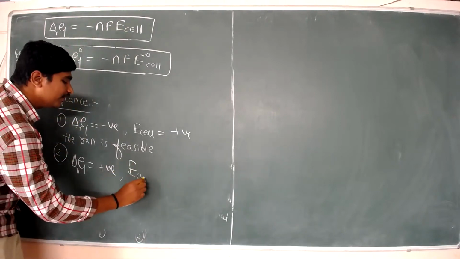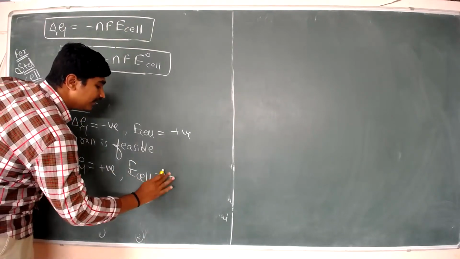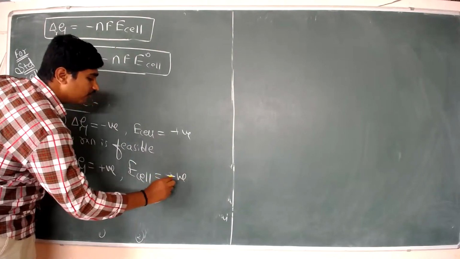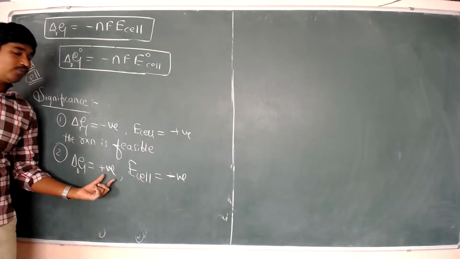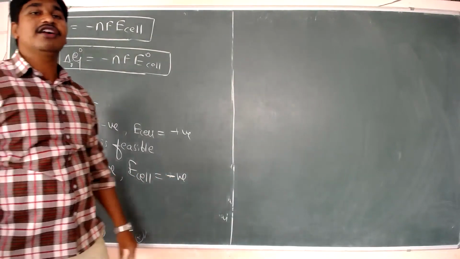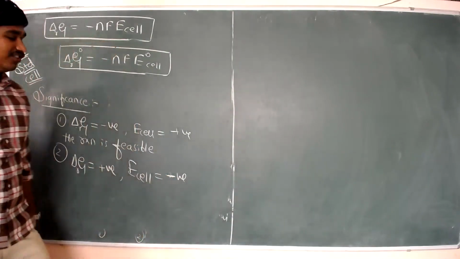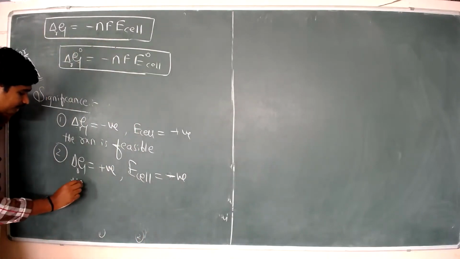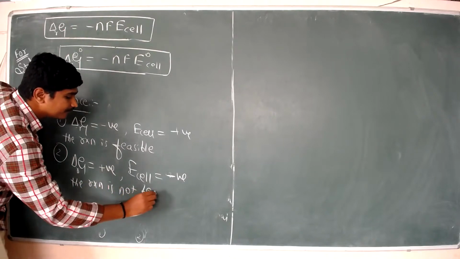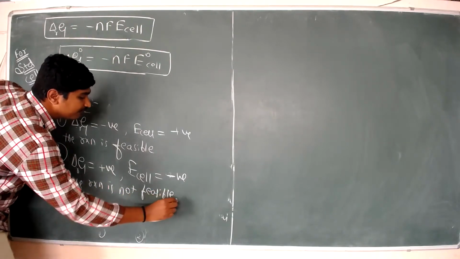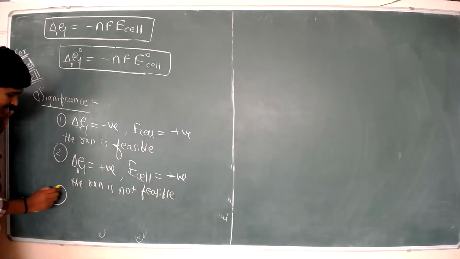Therefore, it is possible only when E cell is negative. When E cell is negative, delta G is positive, which means the reaction is not feasible.